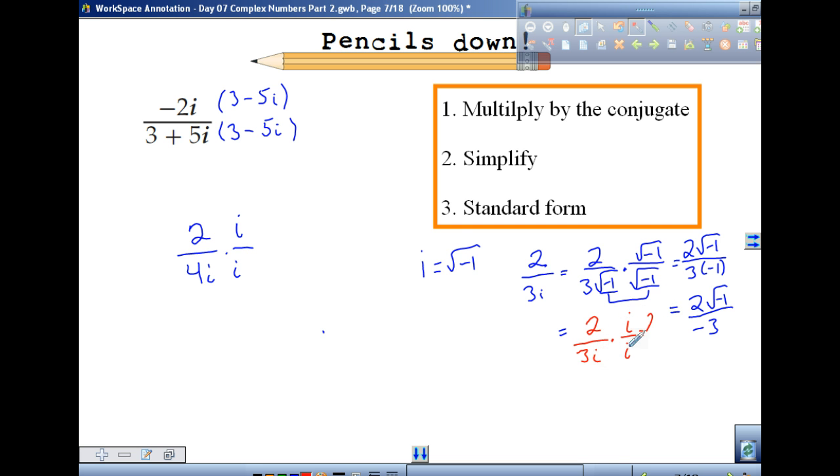And that would equal 2i over 3 times negative 1. So notice that i times i is equal to negative 1, because square root of negative 1 times square root of negative 1 is the same exact thing. So we get 2i over negative 3. Same thing, but instead of writing the root of negative 1 over and over, we'll use i instead. It's just an abbreviation to cut down on the redundancy.